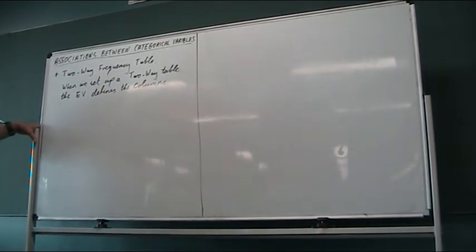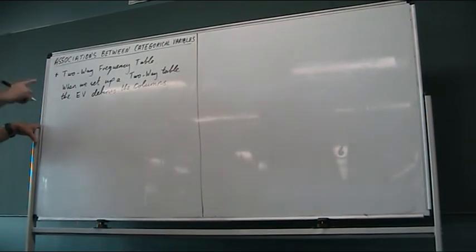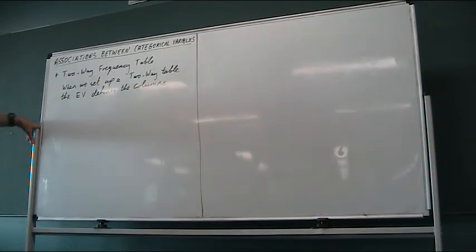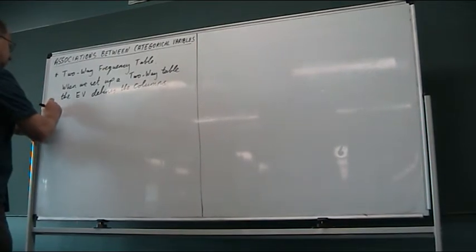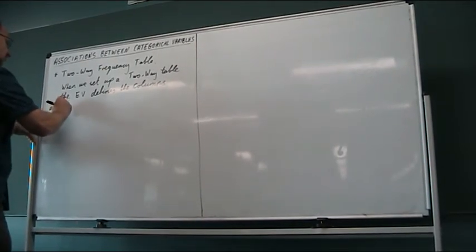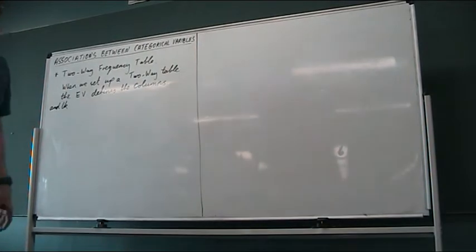All right. So the explanatory variable, the EV, is the columns, and the response variable, the RV, is the rows.